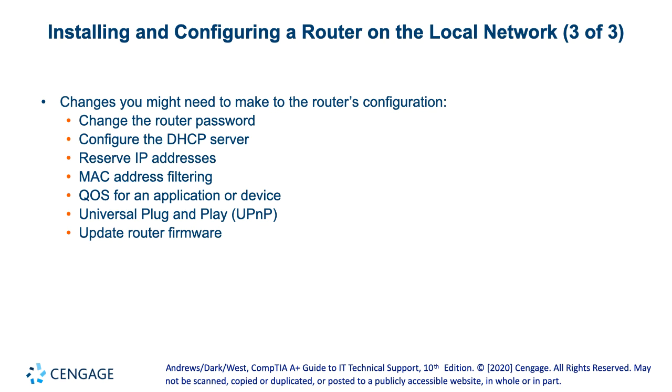But it's an option. QoS for applications or devices, like if you're doing voice over IP, those are typical things that you would do QoS for. Some universal plug and play, and then updating the router firmware are all things you may need to configure.